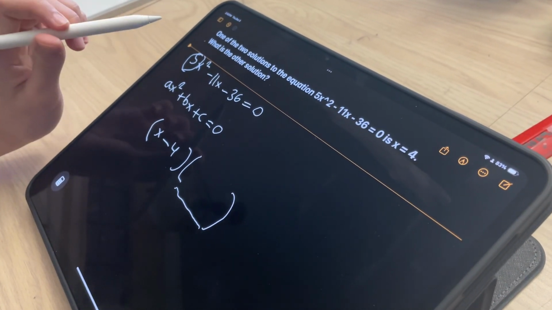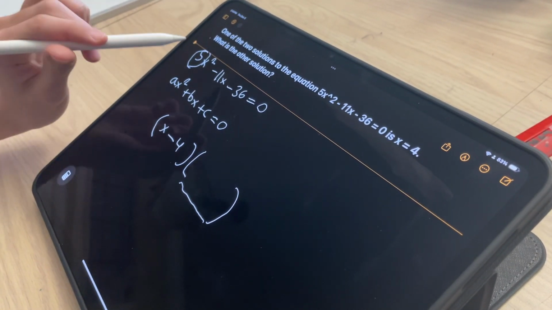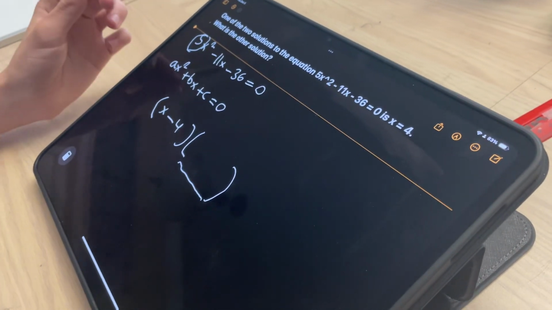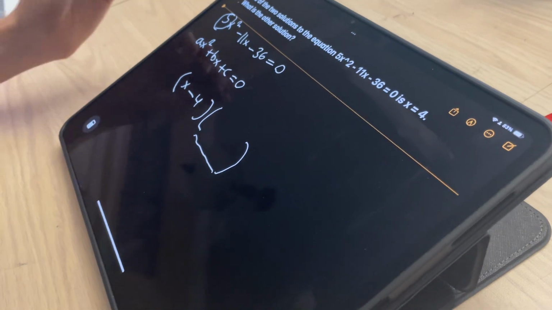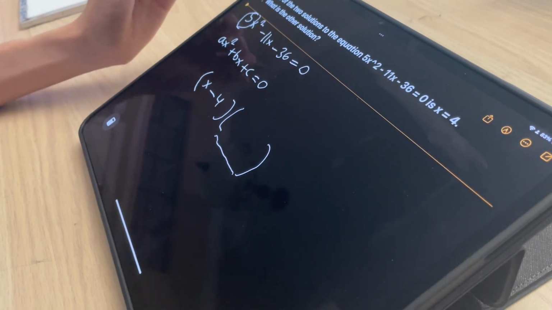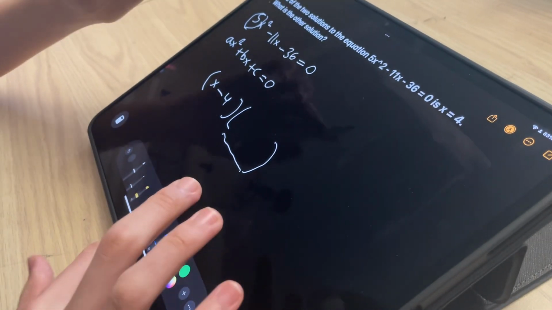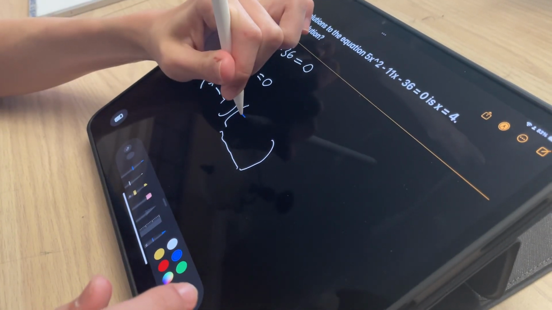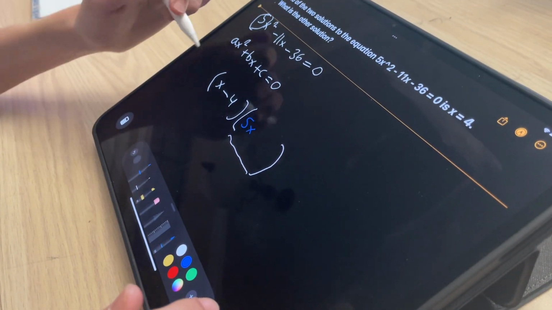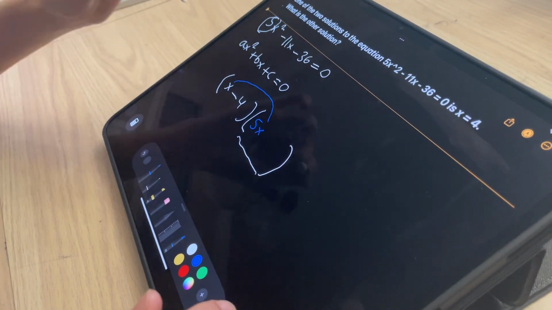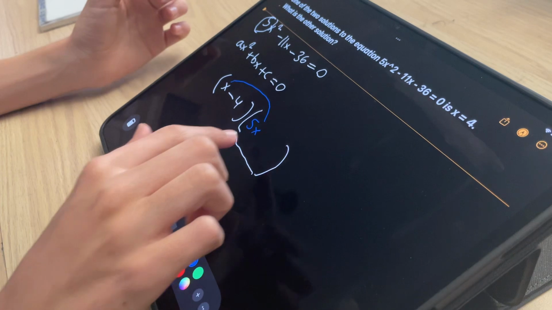For starters, we need another x, because we need to get to an x squared. And we also need a 5, because we need the coefficient to become 5. So we know we need a 5x, because when we multiply the first terms, we're going to get 5x squared. Okay, that's one part of the mystery.